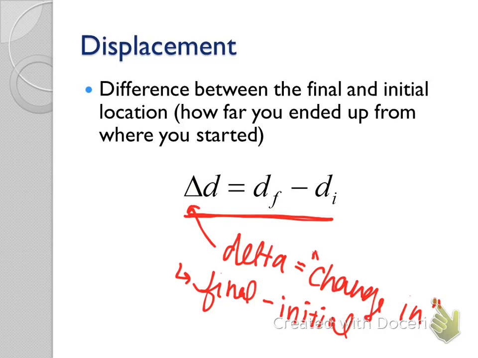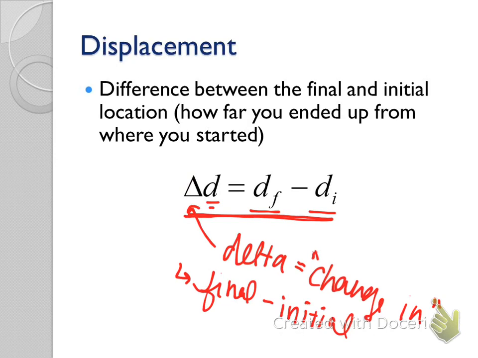Okay? I would write that down. We'll deal with this delta with a lot of different variables, so we'll see it a lot. You'll get comfortable with it. But for right now, you need to understand it's final minus initial. So as I'm looking at this equation here, for delta d, the lowercase d stands for displacement. What I'm doing is taking my final displacement minus my initial displacement.